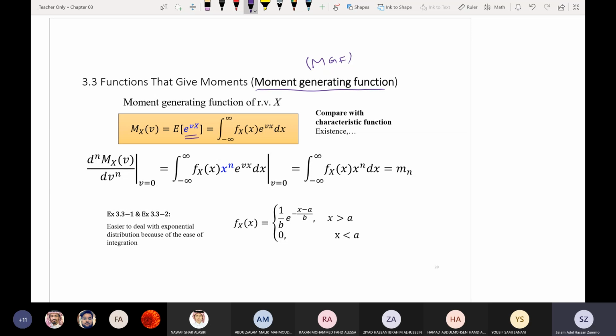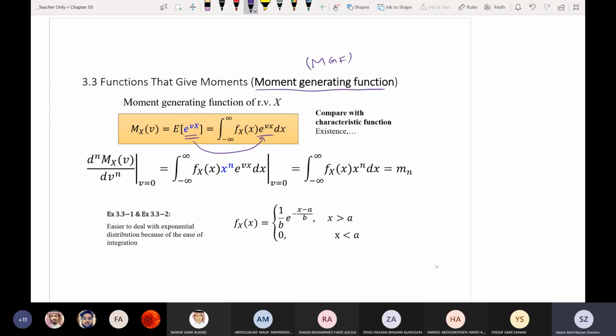So here M_X of v equals the expected value of e to vx. There's no j, no complex exponential. Basically this is the Laplace transform of the PDF, and the PDF is the inverse Laplace transform.